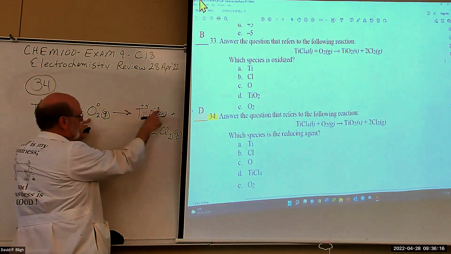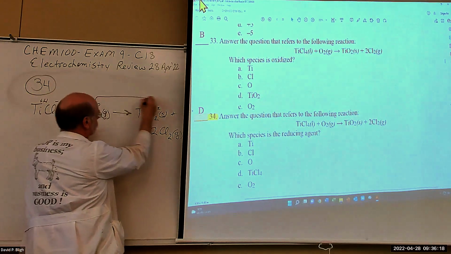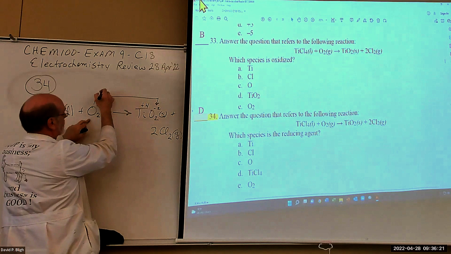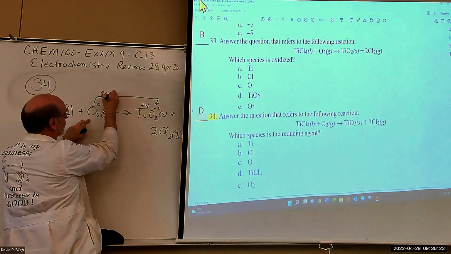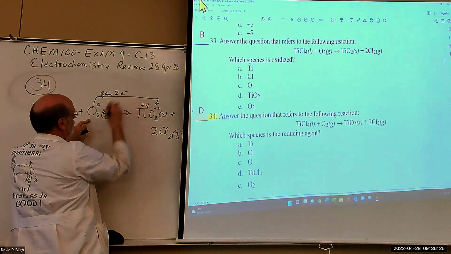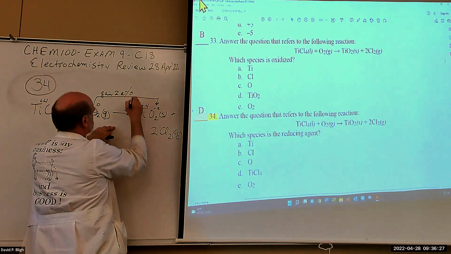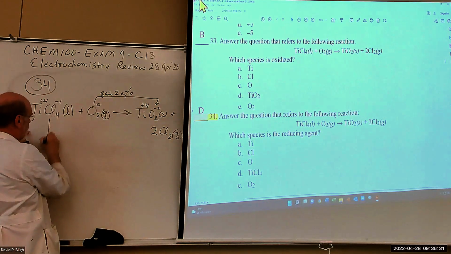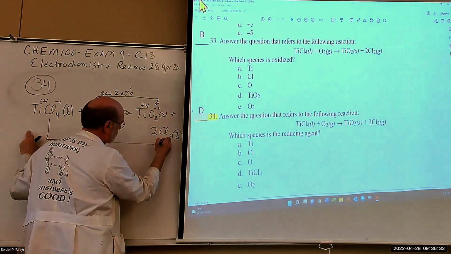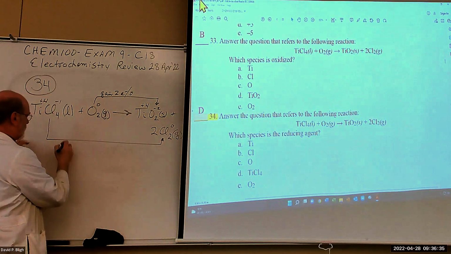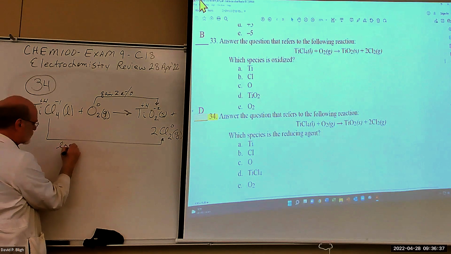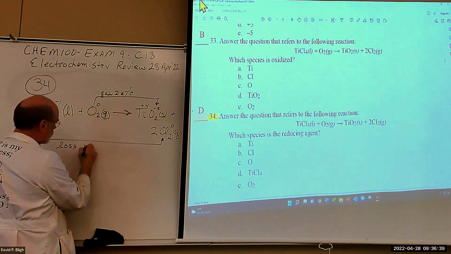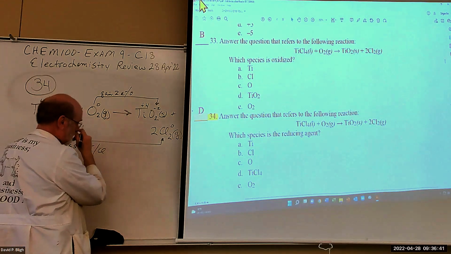Oxygen went from a 0 to -2. So we can go ahead and do this one. Right? Gain 2 electrons per oxygen. And the chlorines went from a -1 to a 0. So chlorine has lost 1 electron per chlorine.